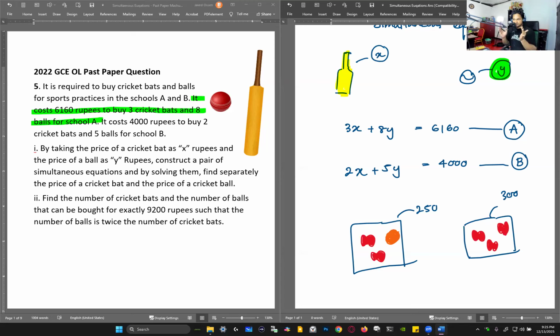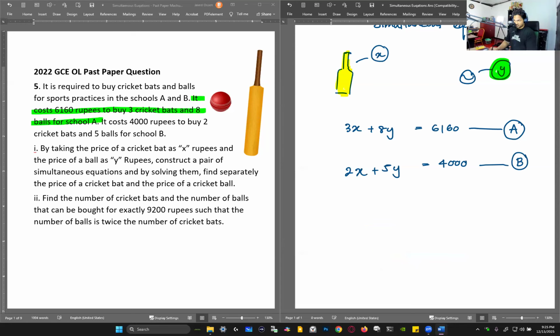So do you see that I can get the answer only when there is one item in the box, right? There has to be only apples, only oranges. There has to be only X or only Y in the equation.